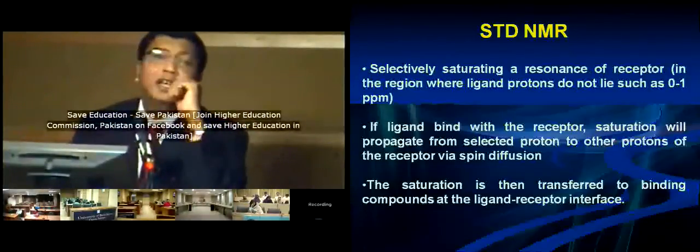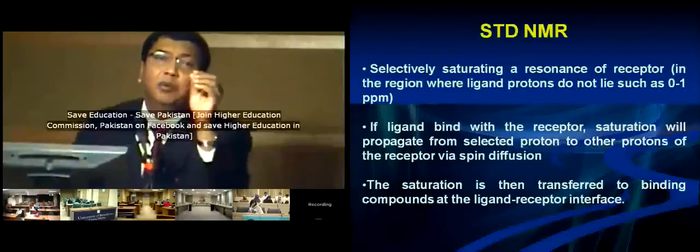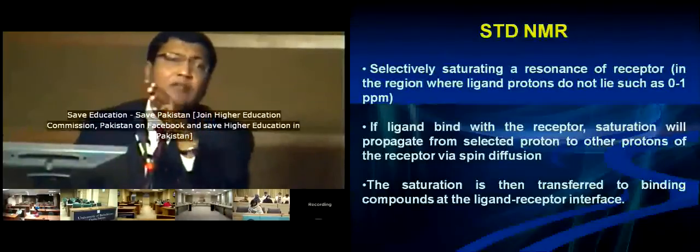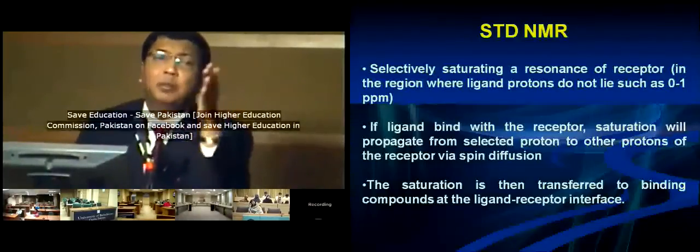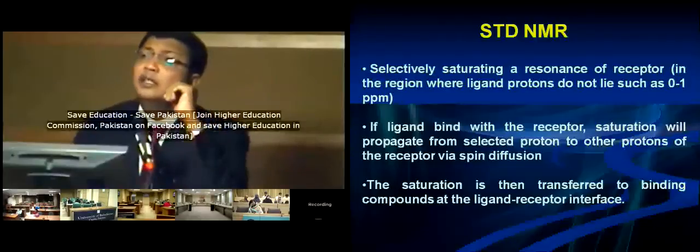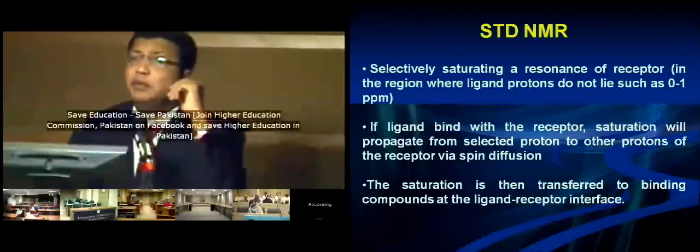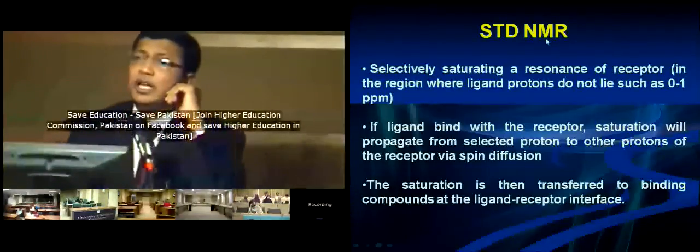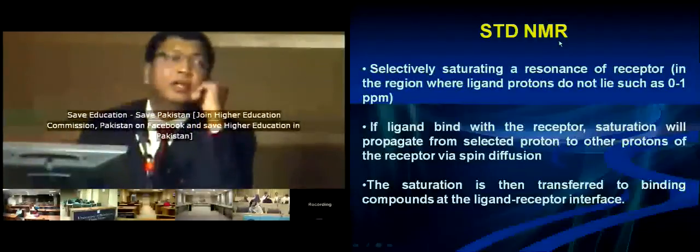Right? And other than that, for protein, I would never go beyond 7, 8, 9, because I don't think there would be many protons in that region also, except the ones which are hydrogen bonded or whatever.